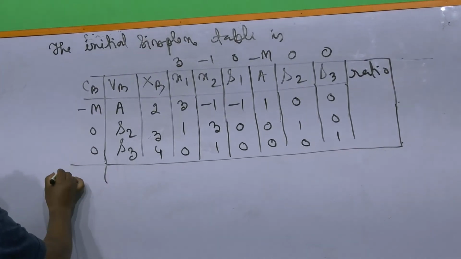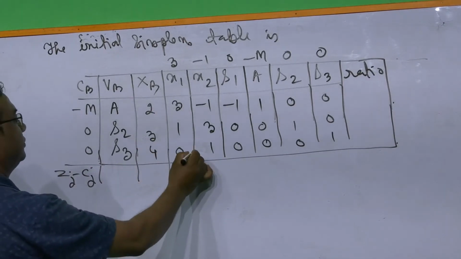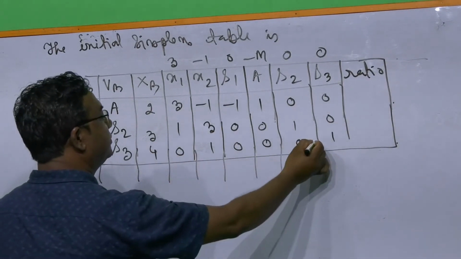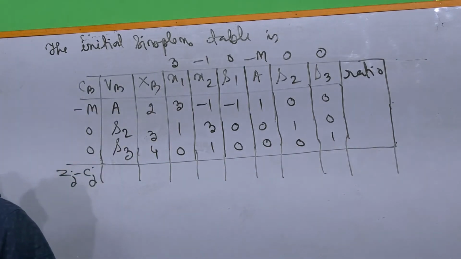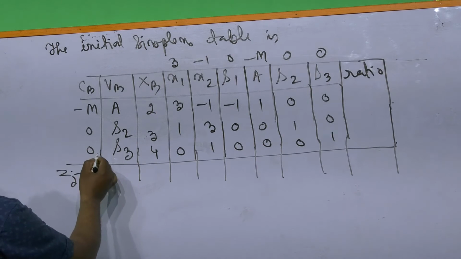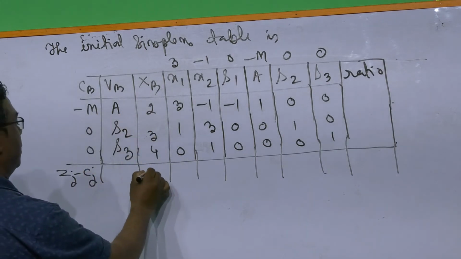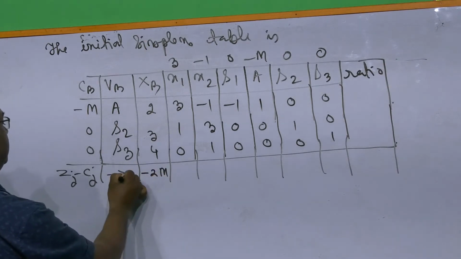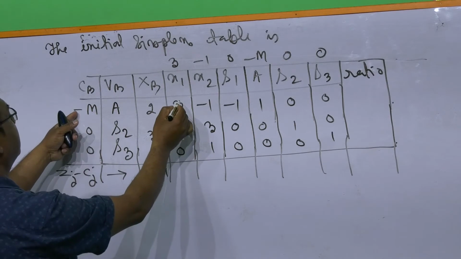Then you calculate Zj minus Cj. You calculate. So you multiply 0 into 4, 0, 0 into 3, then minus 2M. You write minus 2M. Then you multiply here 0, 0, minus 3M.